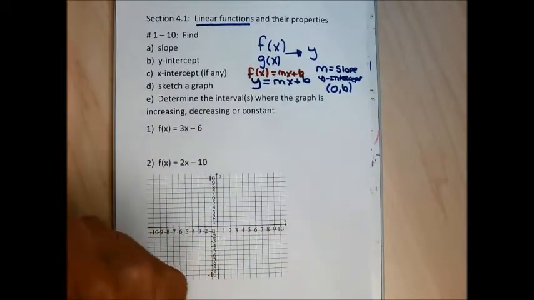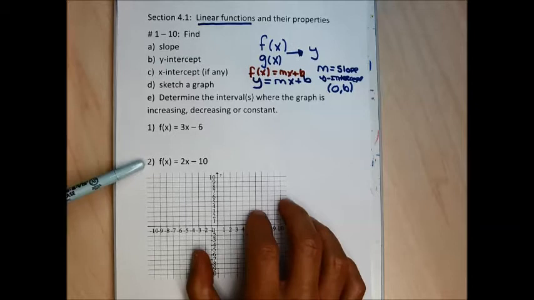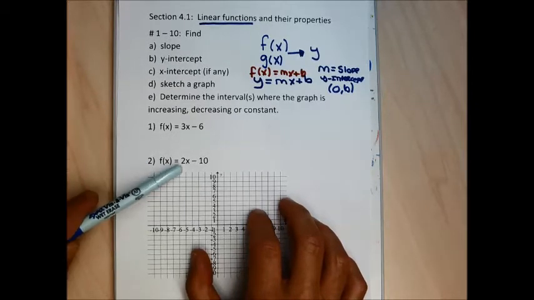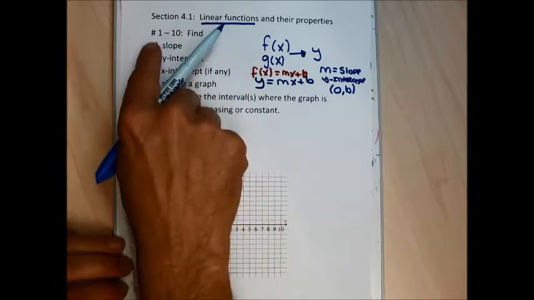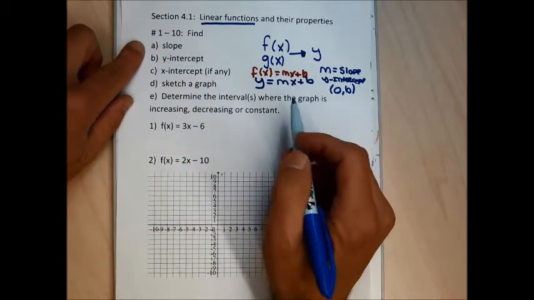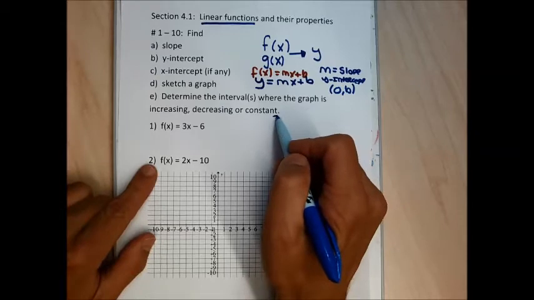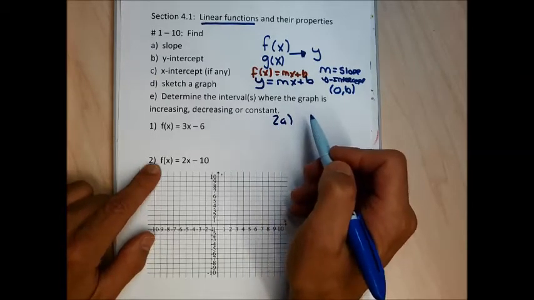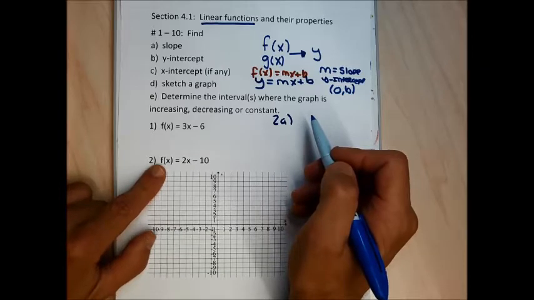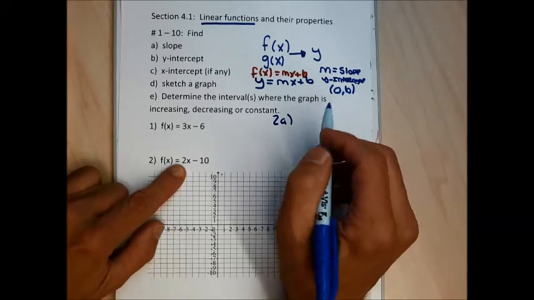Problems 1 and 2 give me functions that will graph to be lines, and they're written in function notation as opposed to xy notation. If I go to answer each of the parts of number 2, 2a wants me to find the slope of the line f of x equals 2x minus 10. The f of x is working like the y. The m is the 2 in front of the x.